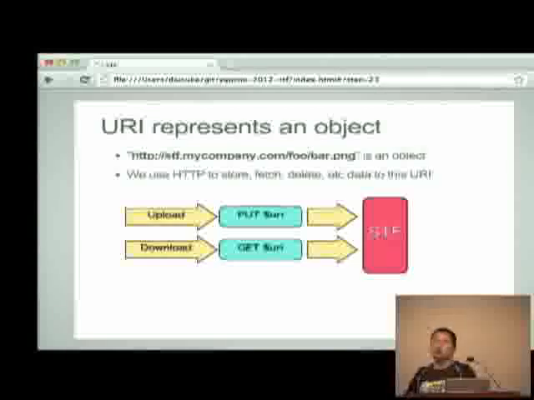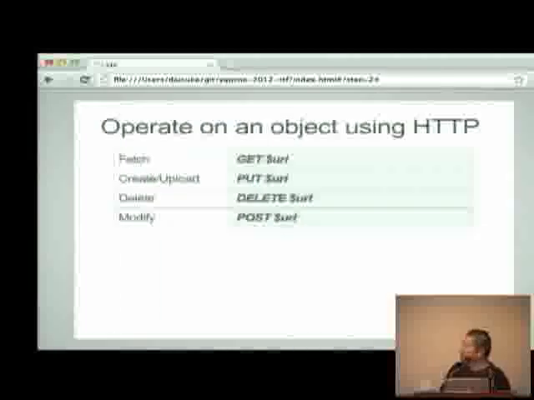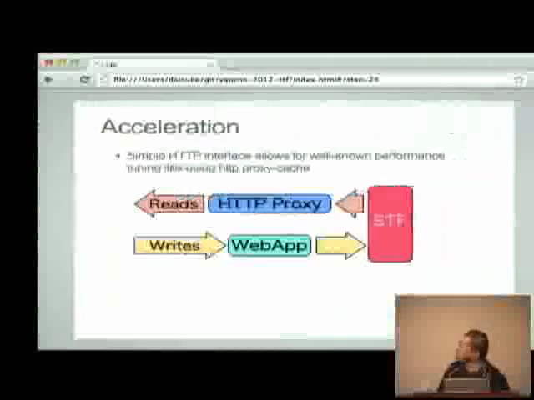It'll just create it. When you want to fetch it, you just issue a GET. There are other things you could do: GET, PUT, DELETE, POST. There's actually a MOVE command too, but that's a little detail. You can do all this with your regular HTTP clients.